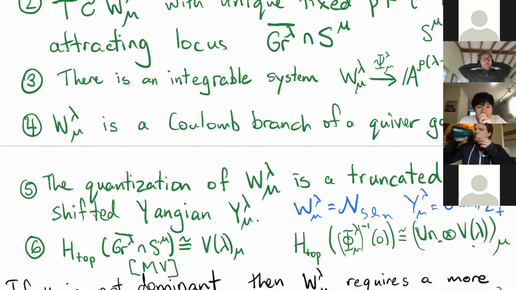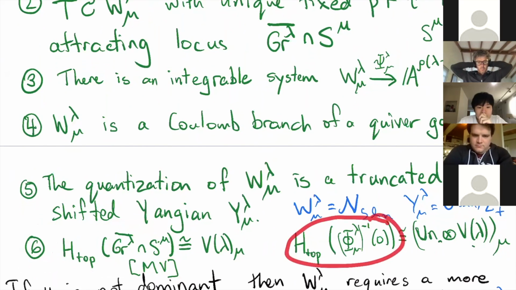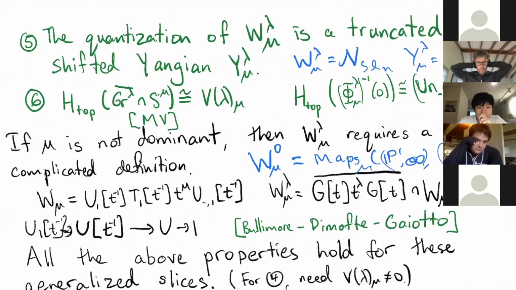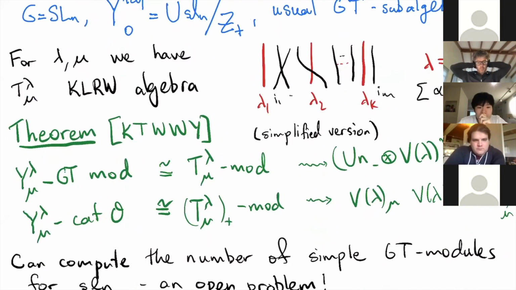So there's a map from the Grothendieck group of the category O modules to this H top here, and there's a map from the Grothendieck group of the weight modules of these Gelfand-Tsetlin modules to this guy here. So we're categorifying what we're expecting to categorify, at least sometimes, when we're not getting these other representations. So that's our theorem from a few years ago.